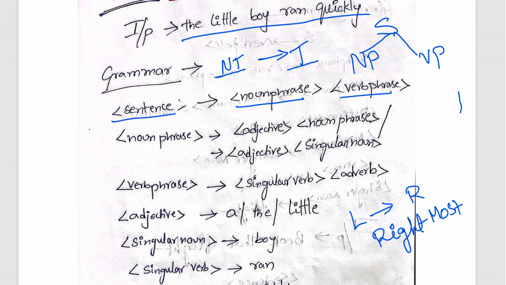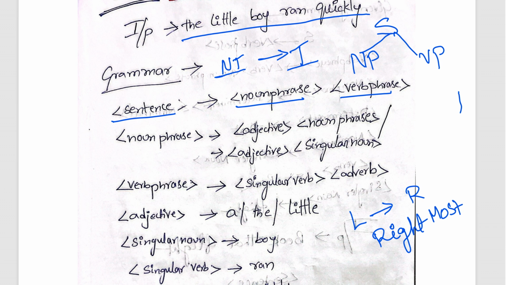Again, the noun phrase can be followed with adjectives, nouns, determiners, singular nouns, articles, all the things under the noun phrase. You can write it down like this: noun phrase, adjective, noun phrase, and adjective, singular noun.